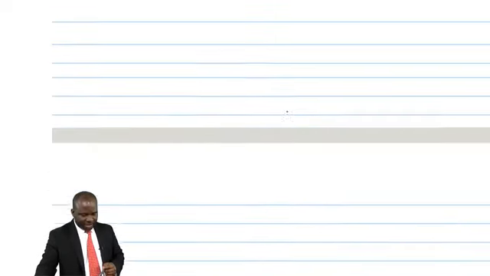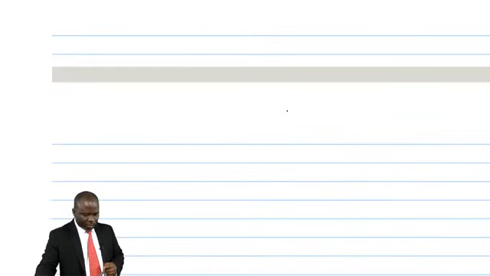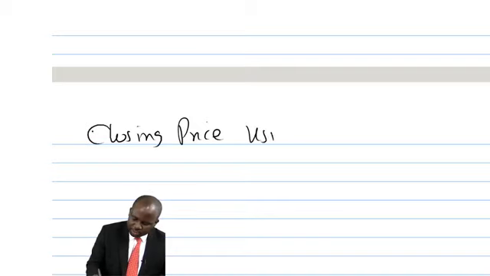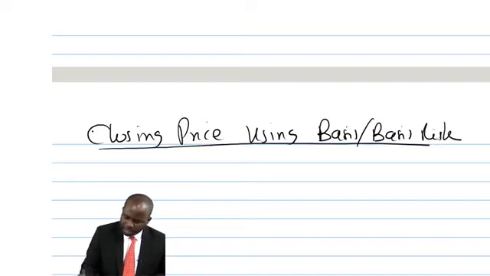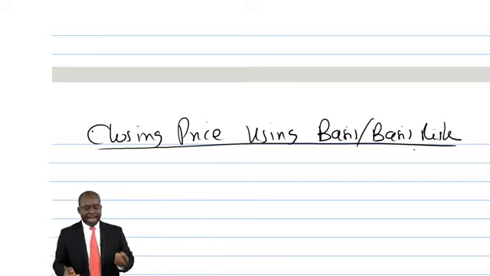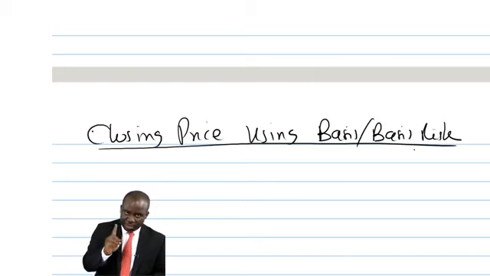So I have left a space in there. Okay, so I go down here and I'm going to calculate my closing price using basis and basis risk. Let me give it to you straight.